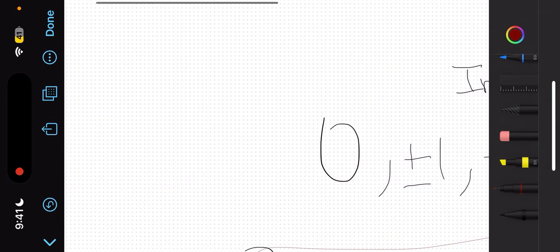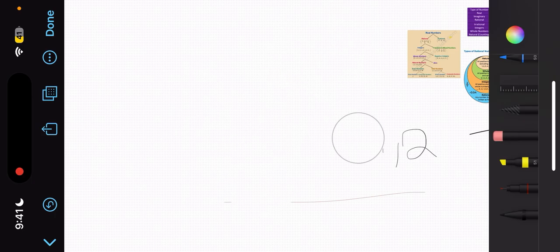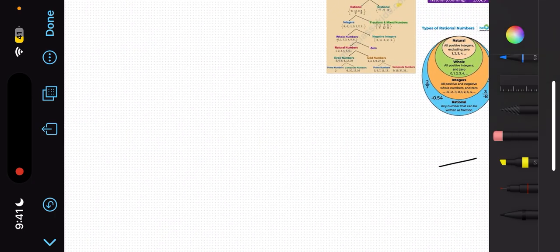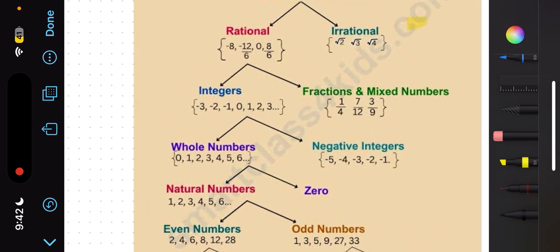It includes both the positive and the negative values with the origin, which is 0. I hope integers are also clear to you. And then we also have 0. Those who don't know, 0 in simple words means empty, nothing.